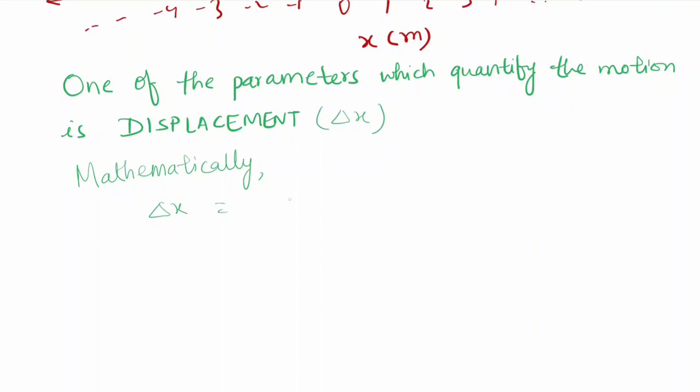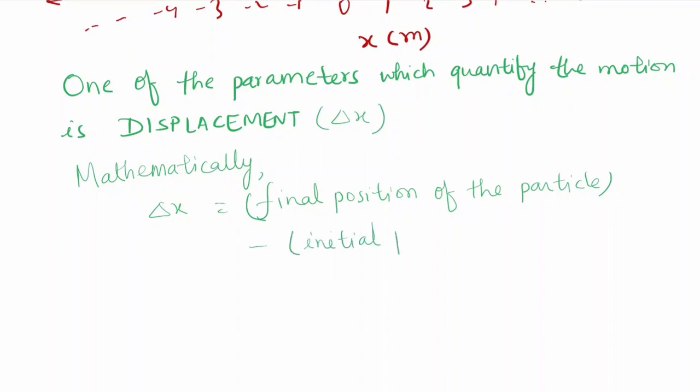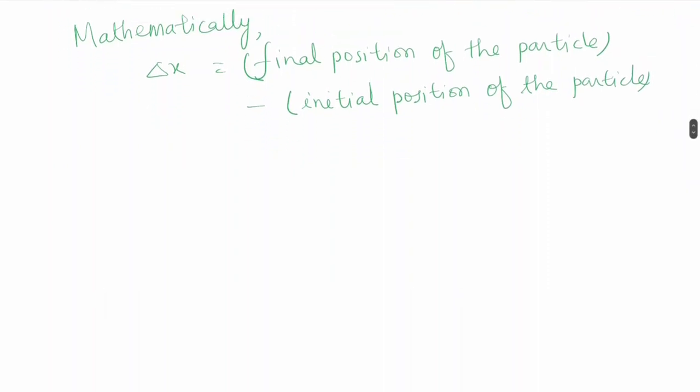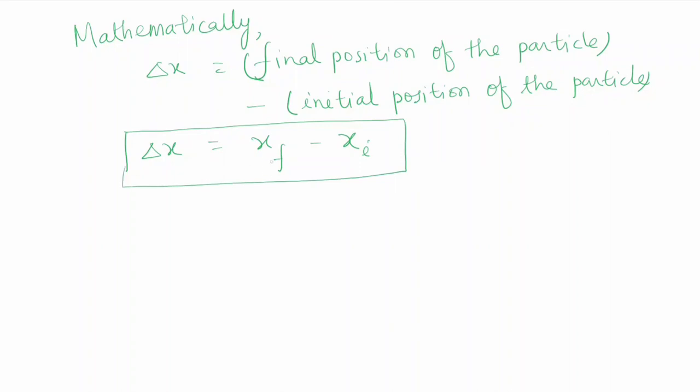So delta x is equal to the final position of the particle minus the initial position of the particle, or in a more concise notation, delta x is equal to xf minus xi, where xf is the final position of the particle and xi is the initial position of the particle.